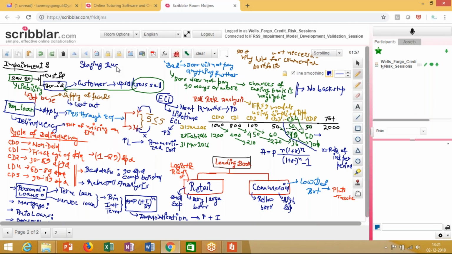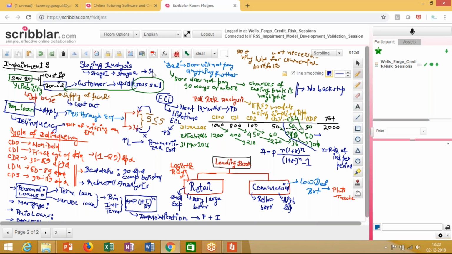And the next big question is: how do I stage my accounts into stage 1, stage 2, and stage 3? These are the most important portion of IFRS 9.